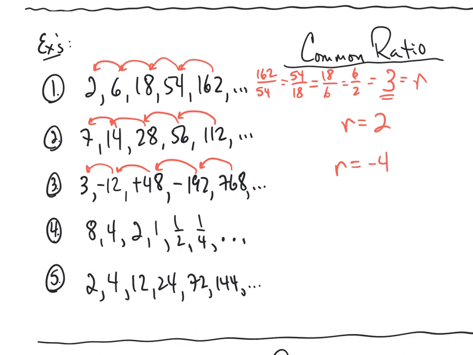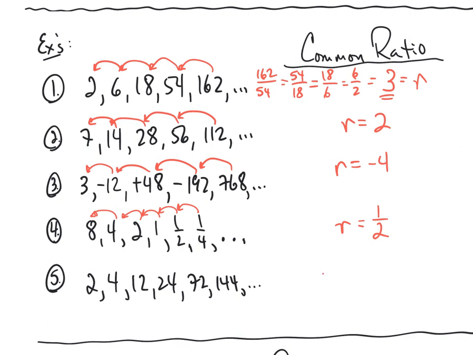My fourth example is a little bit tougher to see, but it too is geometric because you take any one of the terms and divide by the one that comes before it. I'll pick a nice easy one like 2 divided by 4, which is reducible to a half. We'll always get the same thing, and feel free to try any of the others.